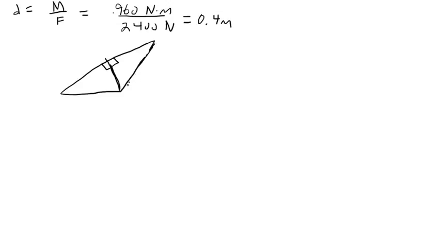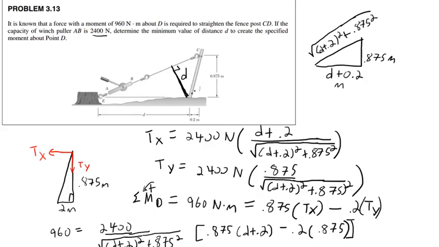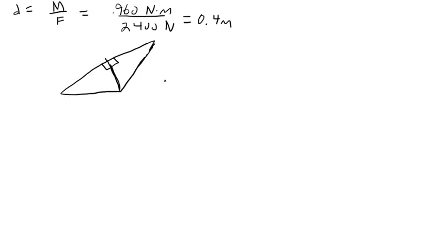Okay, I know this hypotenuse here is going to be the hypotenuse of this triangle, correct? So that's going to be the root of 0.875 squared plus 0.2 squared, right?